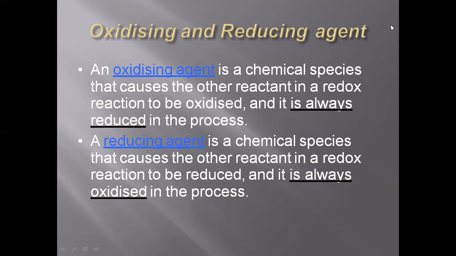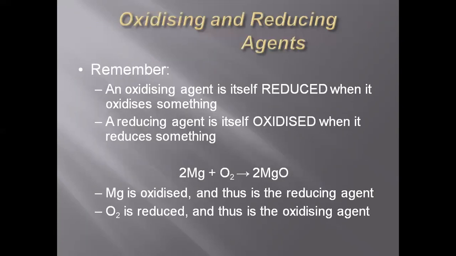An oxidizing agent is itself reduced when it oxidizes something, and a reducing agent itself oxidizes when it reduces something. So they work opposite to that, getting reduced and oxidized while oxidizing and reducing the other elements.